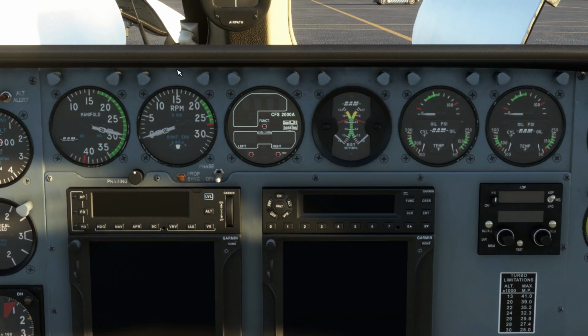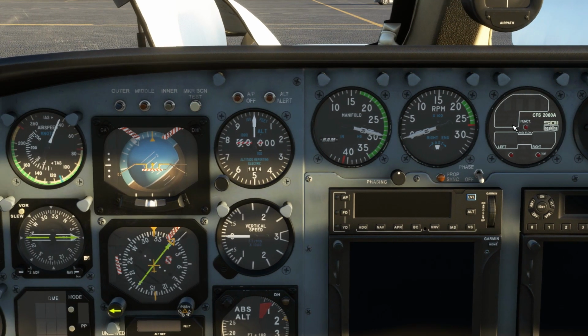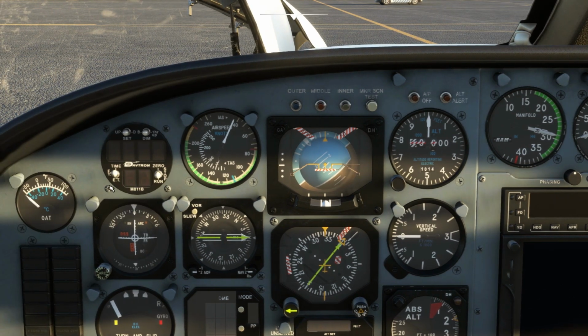Now here are the engine instruments with an added feature of the fuel computer, which again is deeply modeled, just as the Datcon clock is.